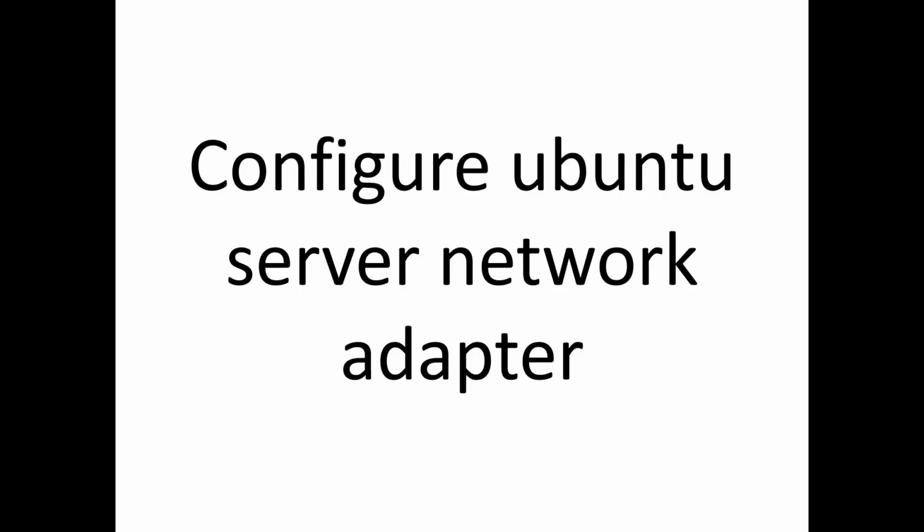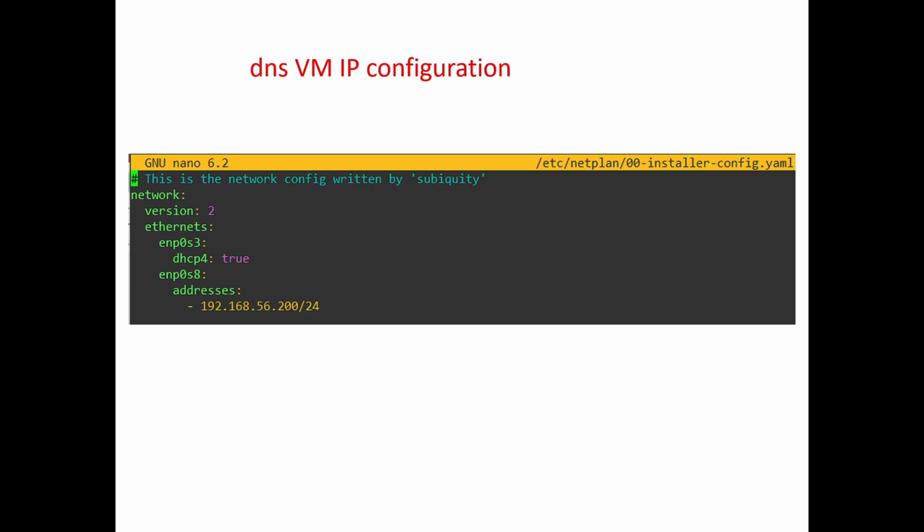So you configure the IP address of virtual machine 1, in which we'll configure the DNS server. Let's say this is the configuration. It has a specific IP address which is found on the bottom of the ENP0S8 configuration.